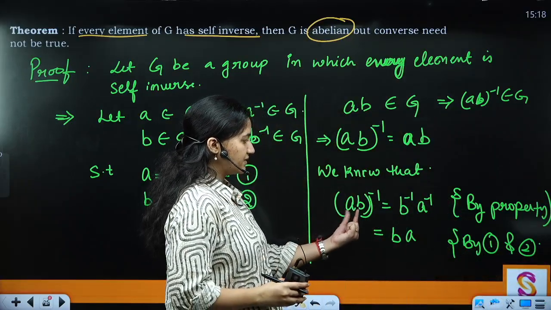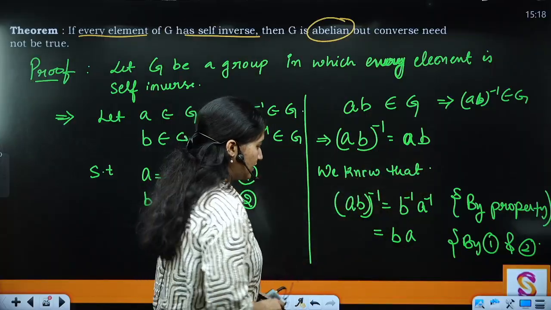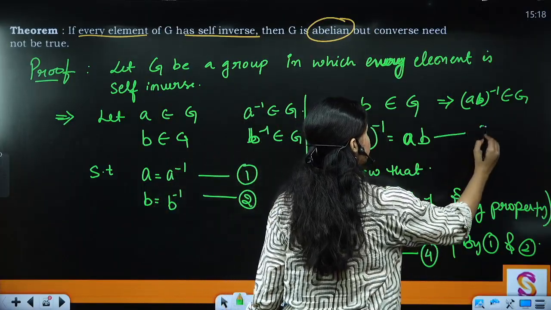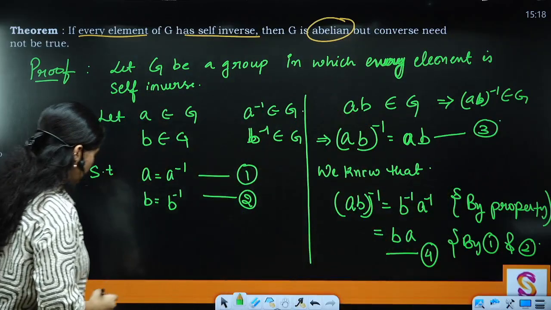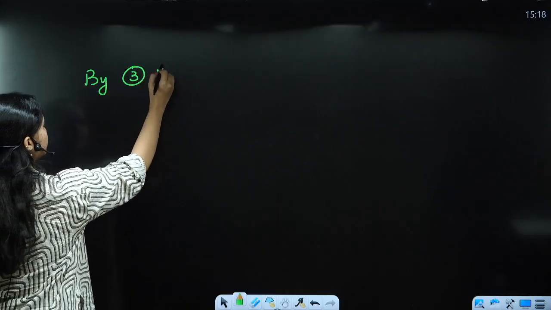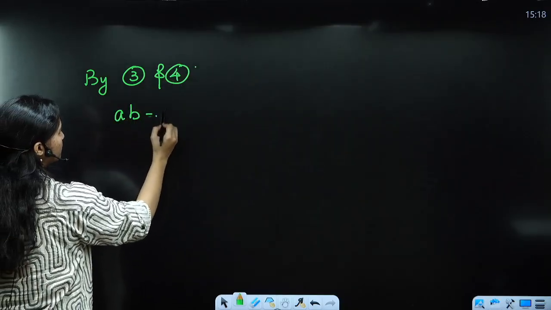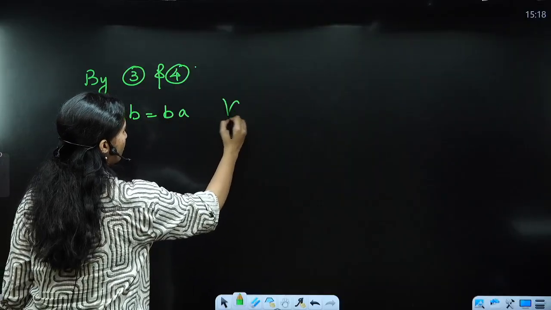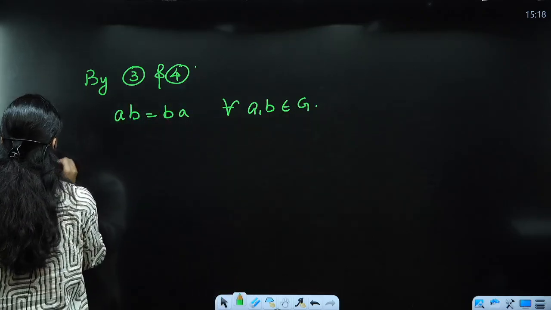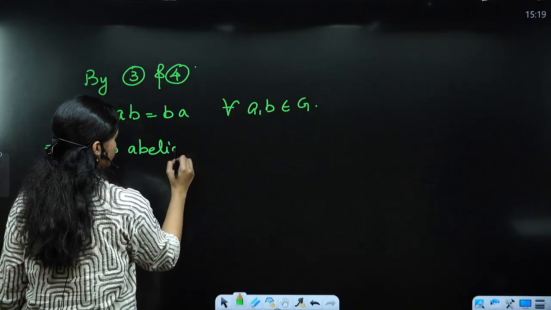Now (AB) inverse equals BA and (AB) inverse equals AB. So from this, if I name this equation as 4 and this as 3, now by 3 and 4, I can say that AB equals BA for all A, B belonging to G. This implies that it is abelian, right?